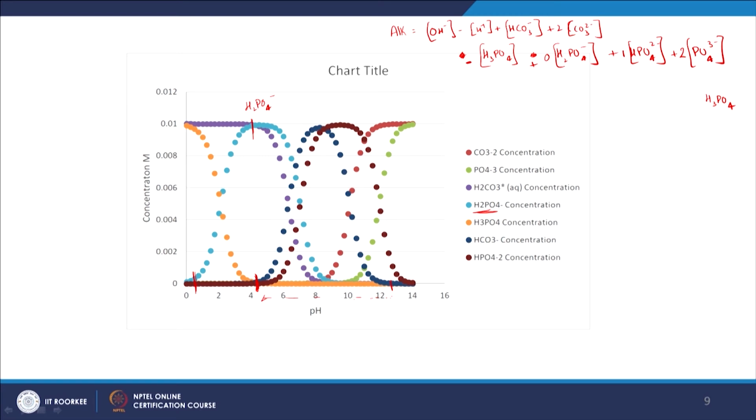But here I am still concerned with the H2CO3 equivalence point. So PO4 3 minus, what can it transform into? It can first transform into HPO4 2 minus, and then H2PO4 minus. It can only take 2 protons. It can't go all the way down to H3PO4 because the pK is 2.3 here. So that's the difference that we see here.